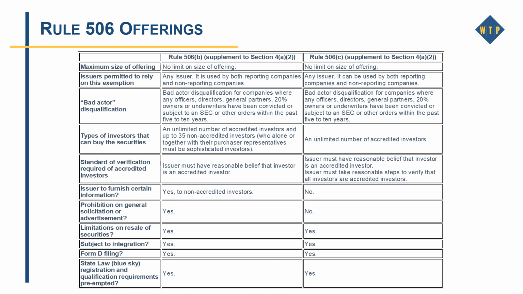506(b) also allows for non-accredited investors, up to 35 non-accredited investors. And these are people that are sophisticated, either themselves or they have a representative who is sophisticated, who understands what it means to invest in a company and what the risks are.